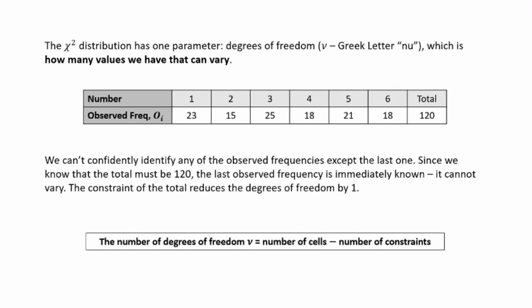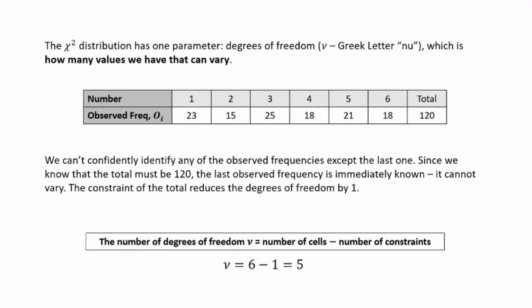So the calculation in this case for the degrees of freedom is going to be V equals 6 minus 1 equals 5. Which actually means there's only 5 values here that can vary. The 6th value is locked in immediately. 5 degrees of freedom.